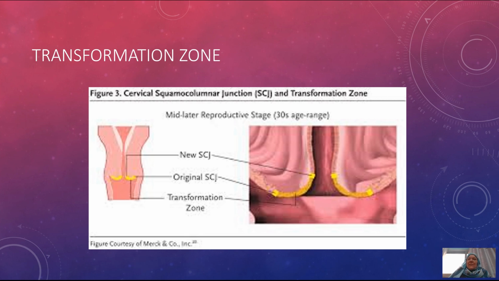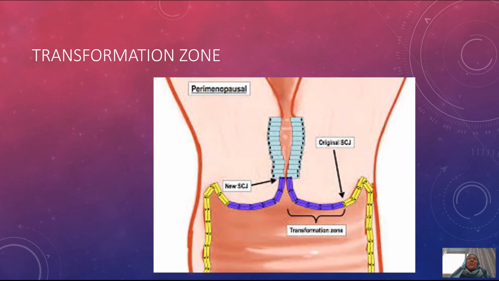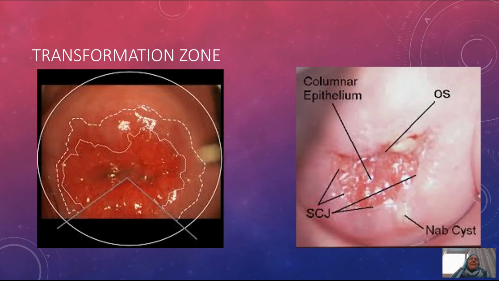Within this part of the cervix, cervical cancer usually develops, and CIN lesions are also found. This is the area, as we discussed previously, that you have to take smear tests from. These are two pictures of transformation zones as they can appear on the cervix, looked at via a Cusco speculum.